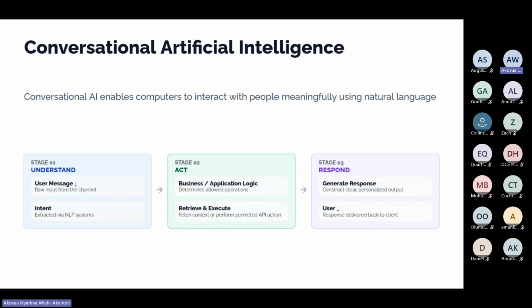So in there, you would have your business or application logic coming in, and this application logic would need to determine what operations are allowed, retrieve the appropriate information, and then provide that information to the language system. Okay, then once the language system is able to retrieve relevant information, it can then generate a response for a user.